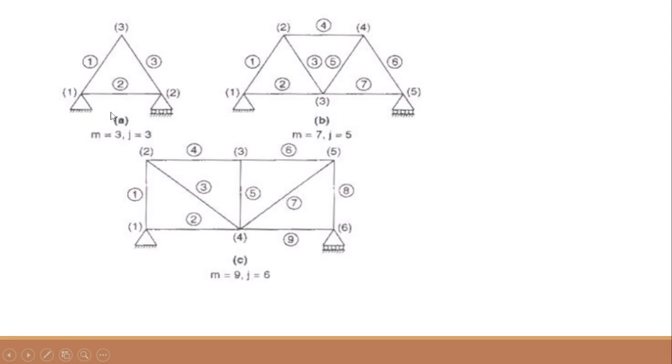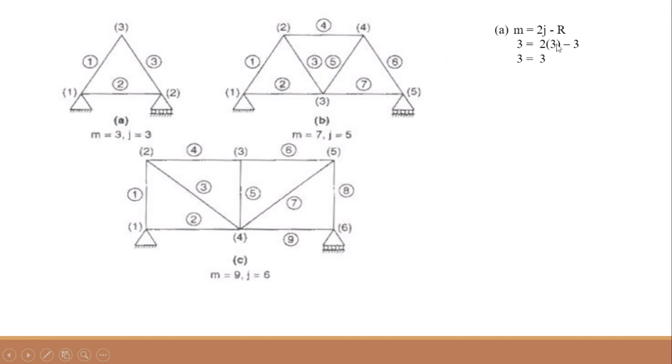For that we have the equation, that is m is equal to 2j minus 3. Here the members are member 1, member 2, member 3. The slender elements are called members, and the point where elements join is called a joint. So m is equal to 3, and the joints are 1, 2, 3, so j is 3.